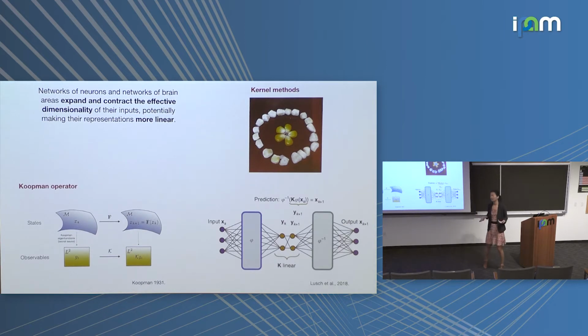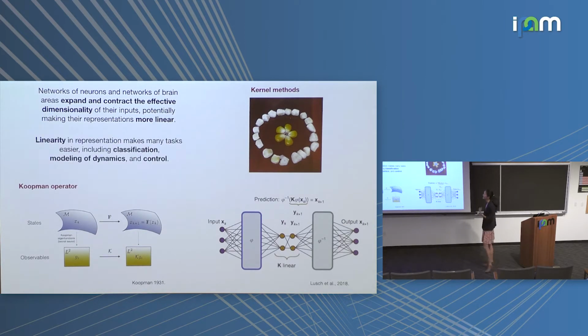So why is this a good thing? This is a good thing because it makes many things easier, like classification, in the case of the kernel trick in SVMs. It makes it easier to model dynamics because we can use tools like DMD, and it might make it easy to do control as well.